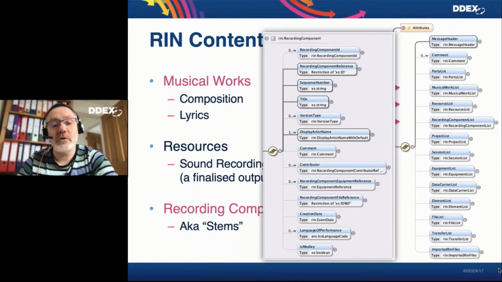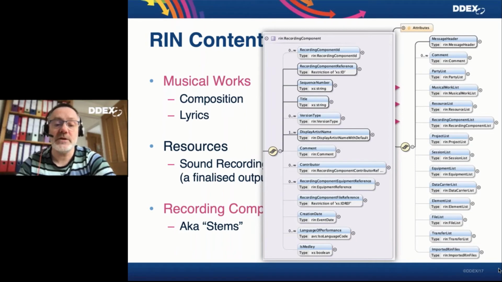You can provide a version title, whether it's a live version or whether it's a studio version, whether it's an a cappella version or whatever you may have. Again, contributors, very important. Recording component equipment reference, which points then to the equipment that has been used to record that, not the instruments. That's part of the contributor composite, where you can then say, well, BB King played Lucille or whatever it may have been.